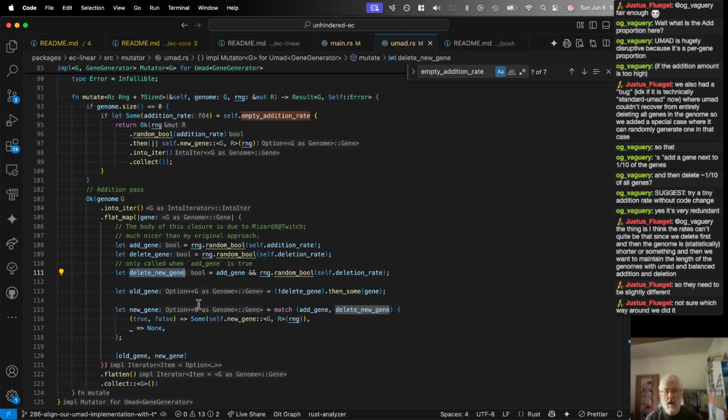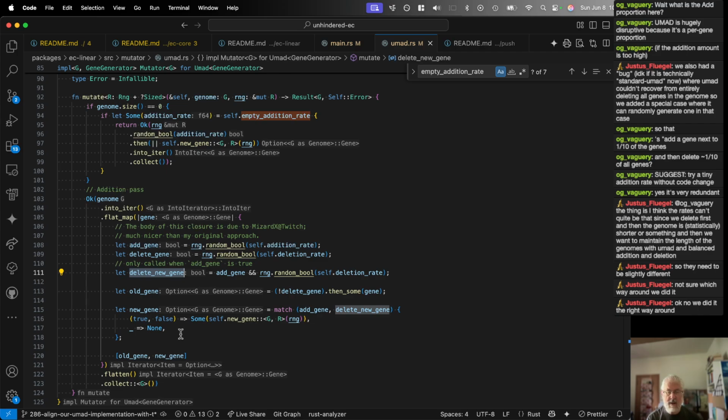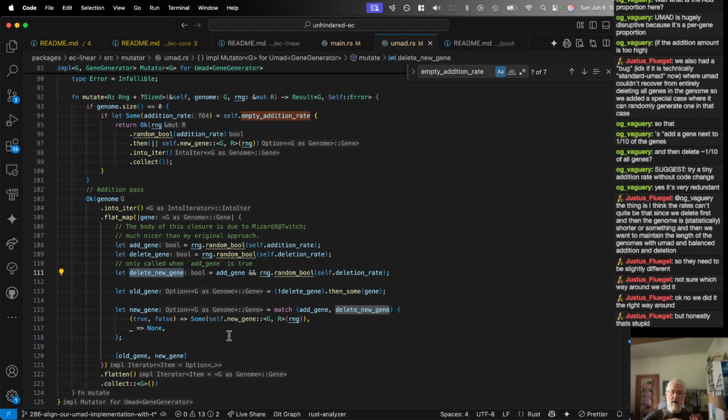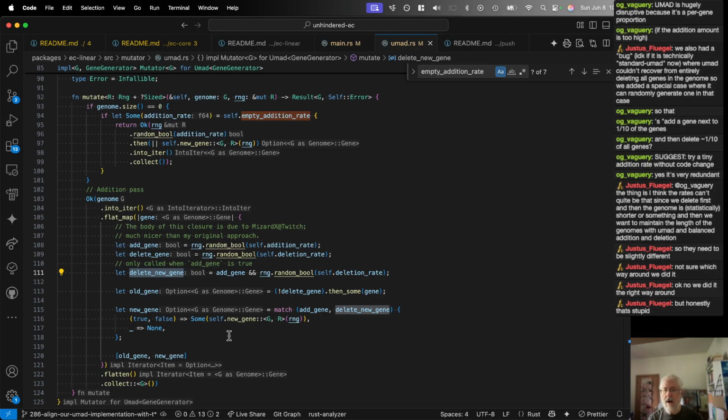This gives us an option, which is none if we remove the old gene, and some of the gene if we kept it. And this is the gene we added if there was one added, and then we get this pair of the old gene and the new gene. So we are doing the addition. Yeah, we did it the right way around. We do the addition, and then we do the deletion. Unhindered-ec just helped rearrange the code, so instead of making two passes like my original version did, we do it all in a single pass, and then flat map ourselves up into one big pile of goodies.